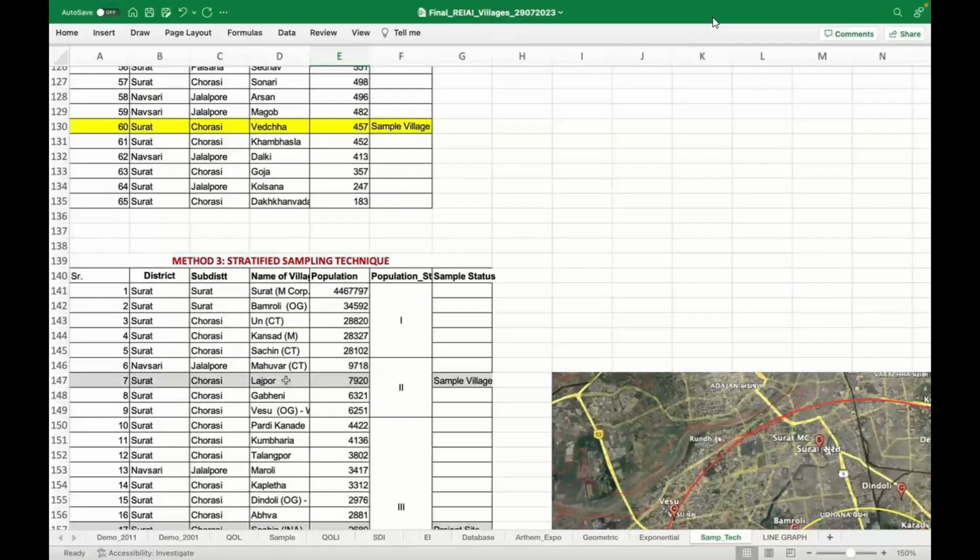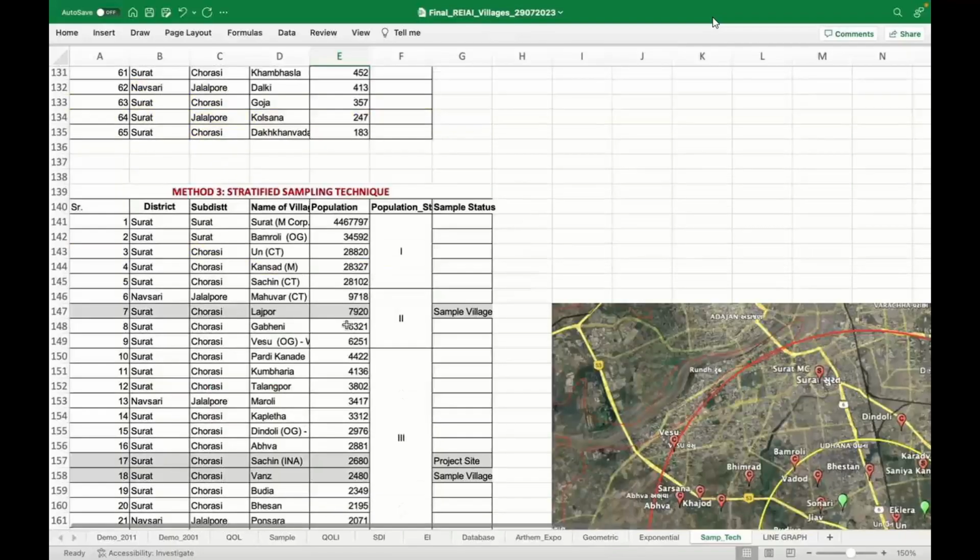What I did, same method, same data, systemized through ascending order, descending order. Then I used strata 1 from this to this population.